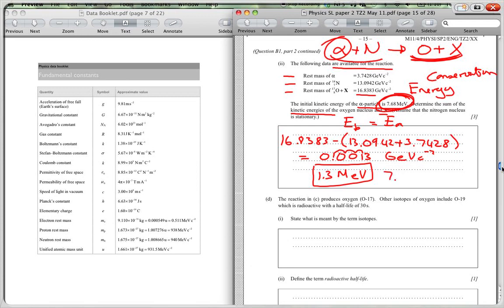So I've got 7.68 minus the 1.3, which gives me 6.38 mega eV. That is the leftover energy, the extra energy, and that must be in terms of the kinetic energy of these two particles.